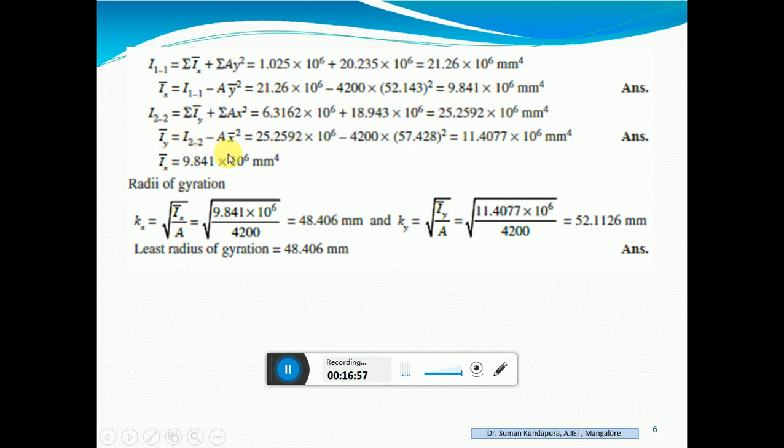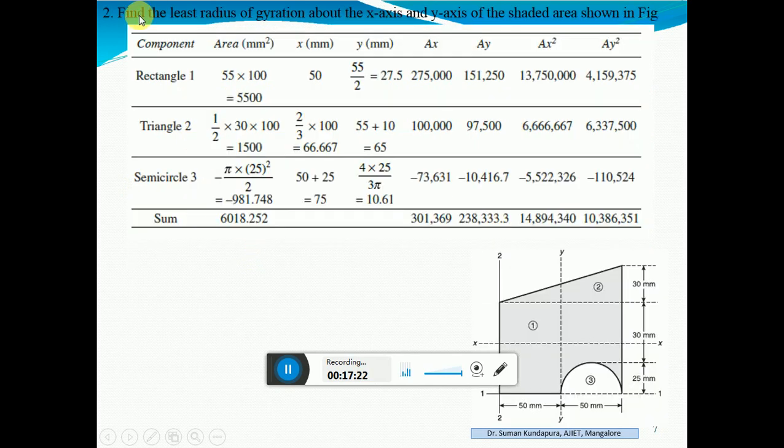So you will get the I x bar, I y bar, and then find out the radius of gyration. 4200 is the area. Respective Ix bar, Iy bar you substitute, find out Kx and Ky. Out of this, the minimum is the least radius of gyration.